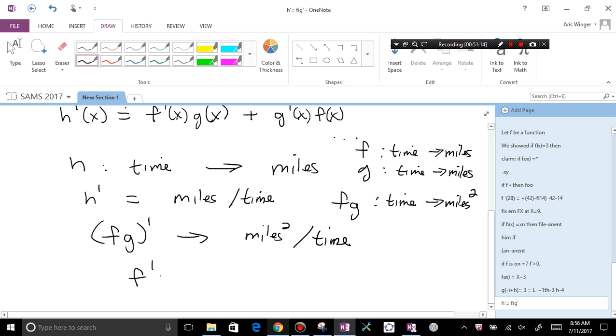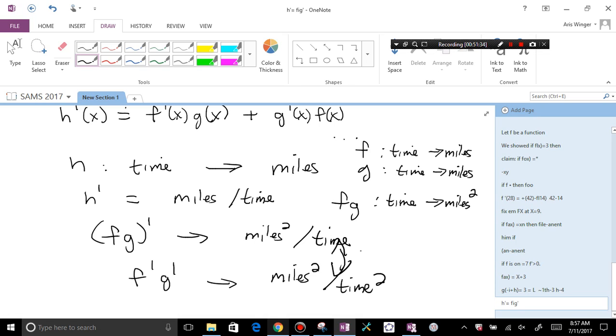Why can't that be this? What are the units of that? Miles squared over time squared. It's miles per time times miles per time. The units are not the same. And oh my goodness, if my physics brother would dare do this, I would faint.